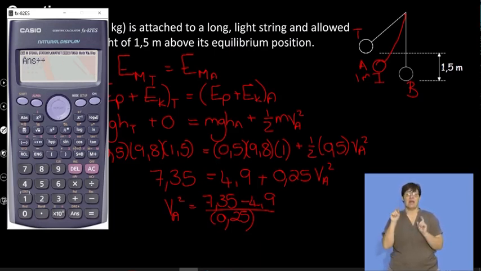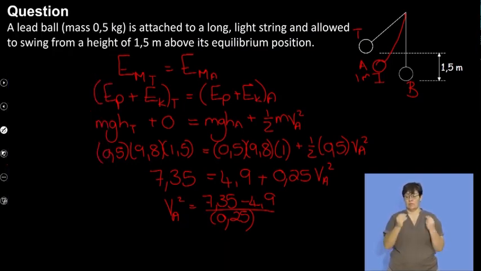We're going to take that, whoops, you divide it only once, 0.25. Now I need to take that answer and square root it. And we get 3.13. Much smaller than the velocity we had when it was at B.